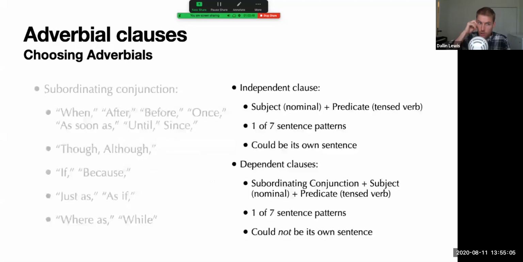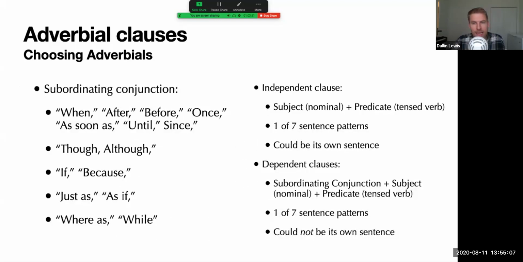So you'll notice then that the defining difference between a dependent and independent clause is that a dependent clause comes with that subordinating conjunction. And if you remove that, it's actually going to look just like an independent clause. So it's that conjunction where you have all the difference. These are words like when, after, before, once, as soon as, though, although, if, because, just as if, whereas, and so forth.